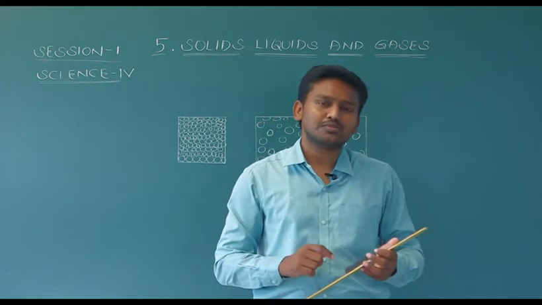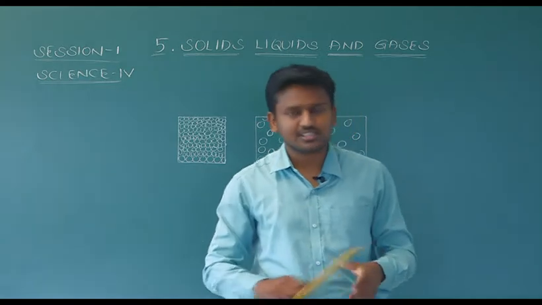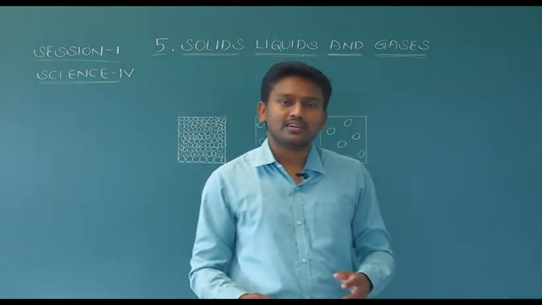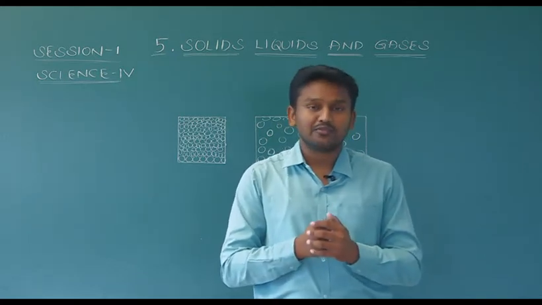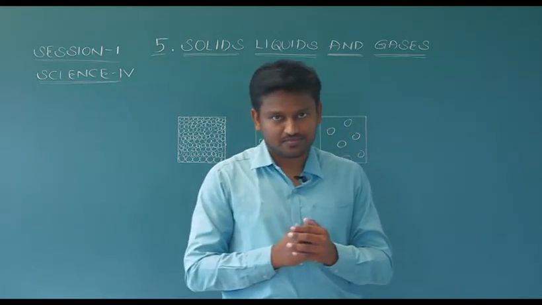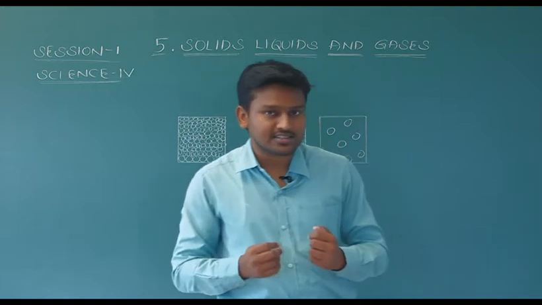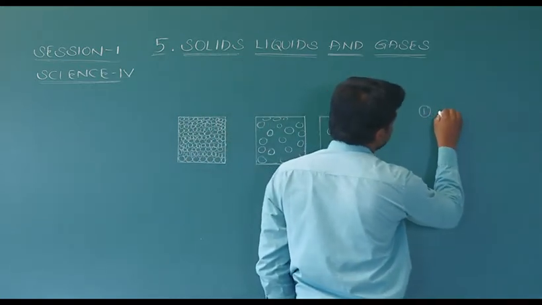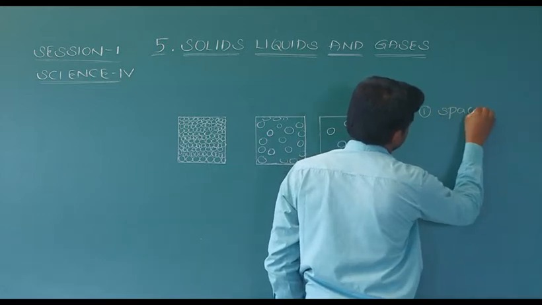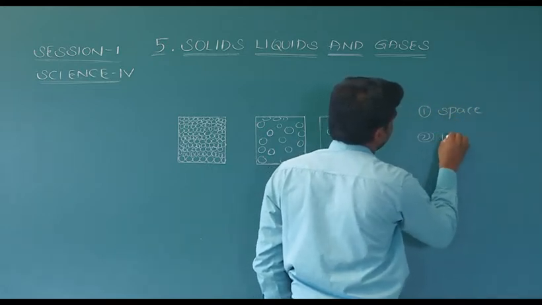And how to define this matter first of all? What is this matter? Matter is that which occupies space and which has weight. What are those 2 characteristics? The first one, which occupies space, and the second, which has weight.